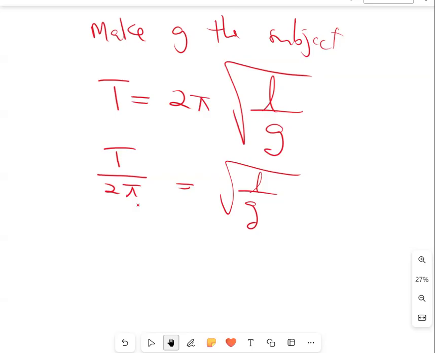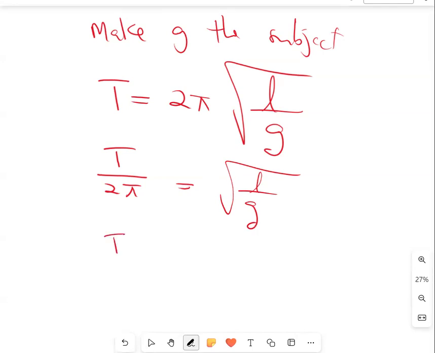What do you think we should do to get rid of that square root sign? It's squared, sir. Square it, yes. You square both sides.